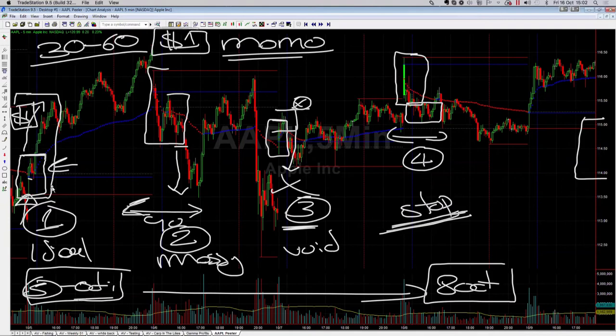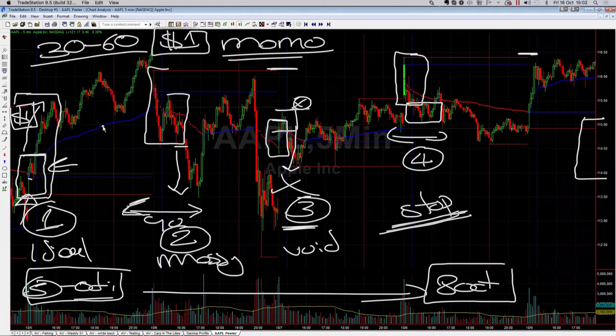Maybe I need a gap on the stock to trigger the move. Maybe I need the previous day's high to be breached, or the previous day's low to be breached, to find these momentum moves. Maybe that's true, maybe that's not, but that's one of the things I might be checking. I'm just going to have a childlike and curious mind to explore the possibility.